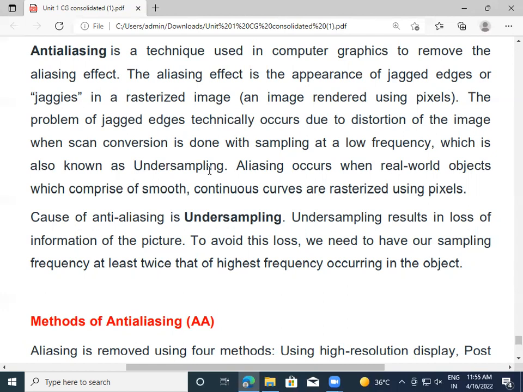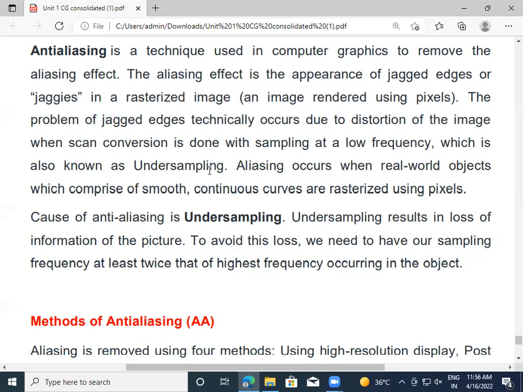Undersampling is the cause, and it results in loss of information in the pictures. Some details of the pictures we could not consider. To avoid this loss, we have to use some anti-aliasing methods.